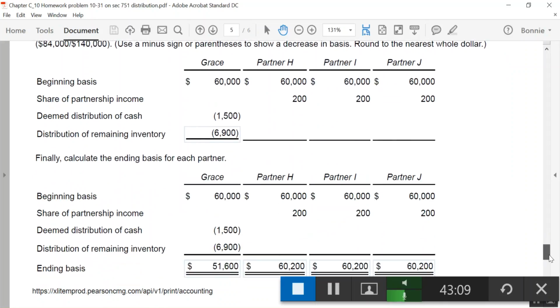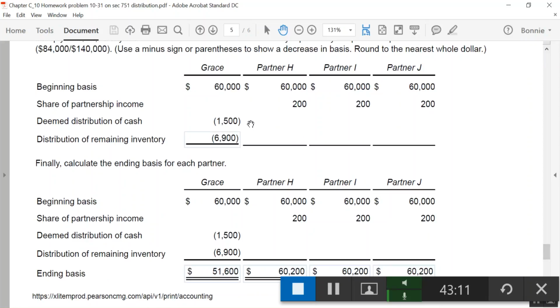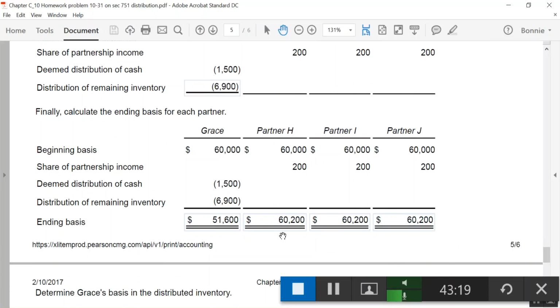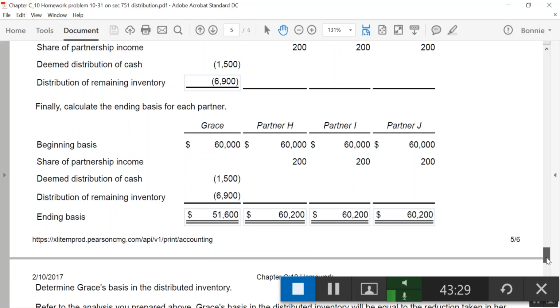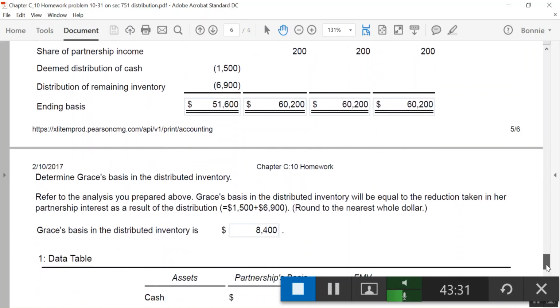So I subtracted 1,500 and 6,900 from her $60,000 beginning basis to come up with a basis of 51,600. Then I added the $200 recognized, deemed gain on the deemed sale to the other three partners' bases, and I got 60,200 for them.